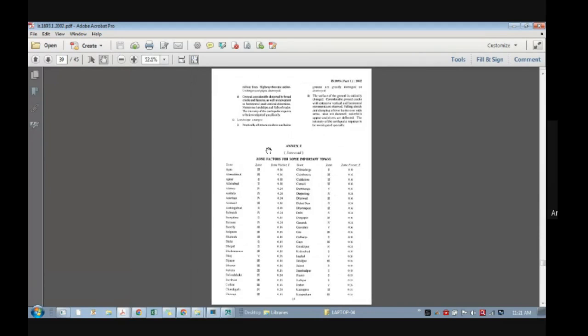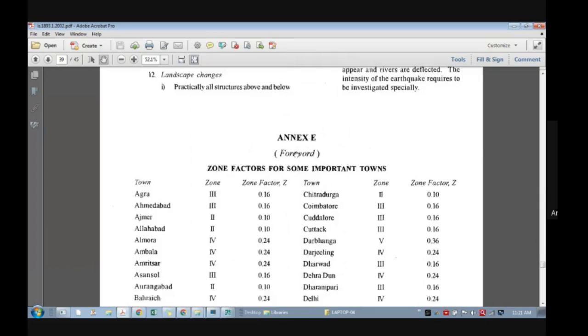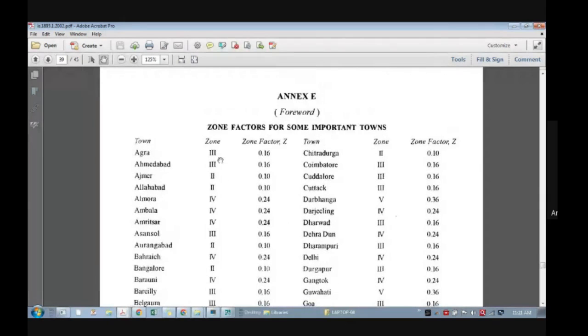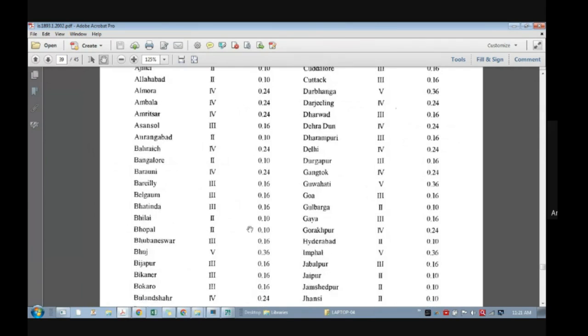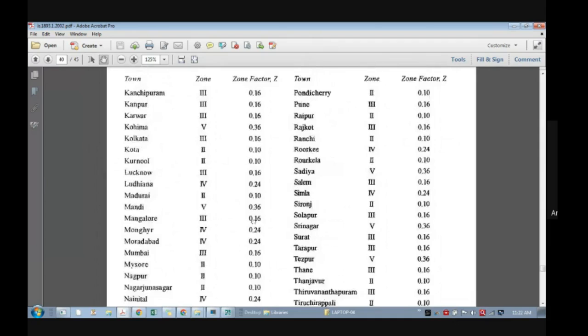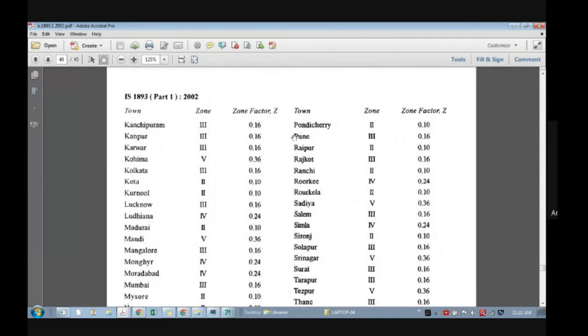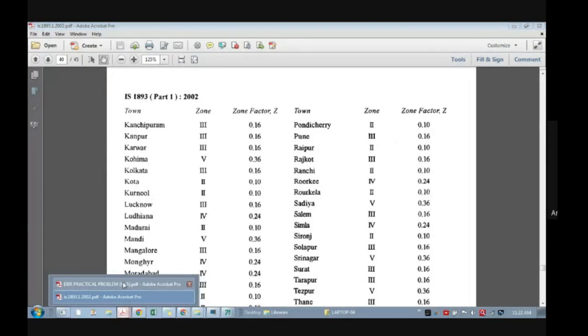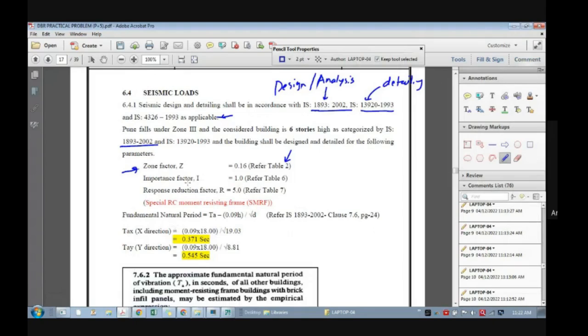See this, Annexure E. As per different cities, what is the zone factor, zone factor and zone number. If you look for Pune, you will see PUNE. Pune is zone 3 and 0.16 is the factor. So here in the DBR also we are mentioning that zone factor.